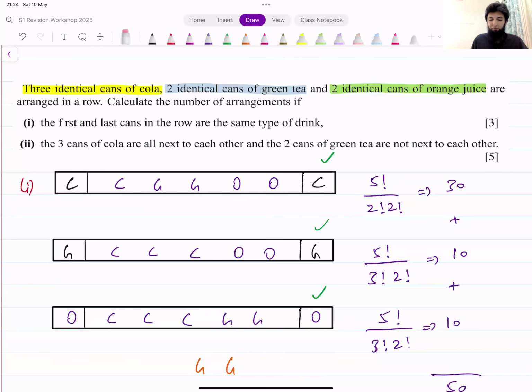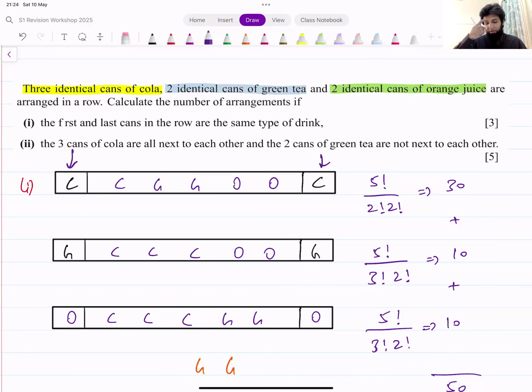at the ends. Now, when you fix them, again, this is happening a lot in recent papers, they fix some object somewhere. So in this case, the first and the last are the same kind of drink. Now, in the first case, we are saying this is a cola and this is a cola. Now, these are fixed. We don't have to worry about them. We don't have to arrange them anymore because they have to be at those extreme positions, right?